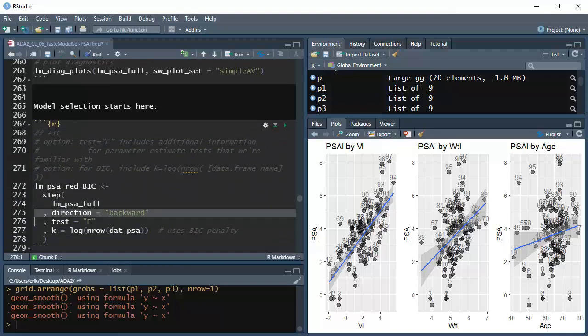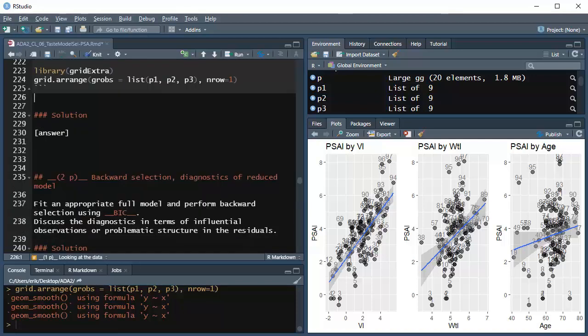The direction of our stepwise regression is backwards. We're going to include the F-tests and p-values in there to provide us a little more interpretation of why it's making its decision. And the main thing here is, I say fit the appropriate full model in backward selection using BIC, the Bayesian Information Criterion.